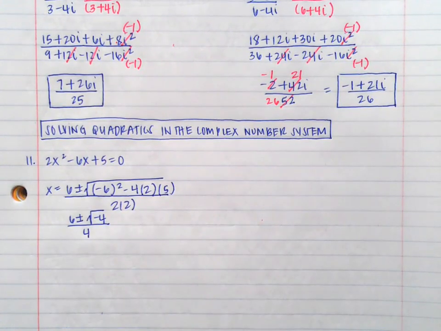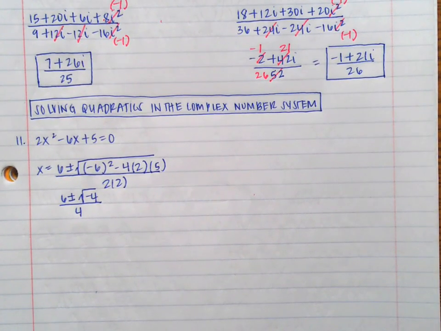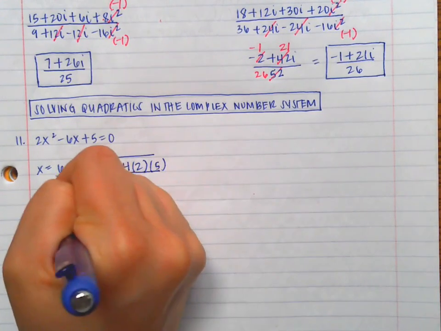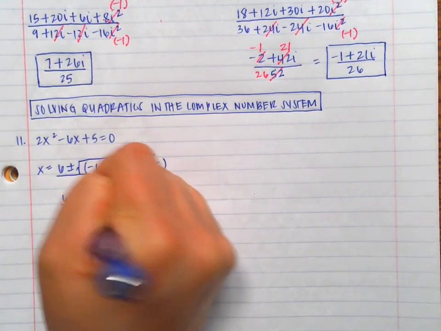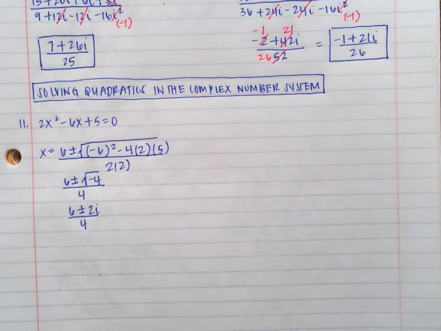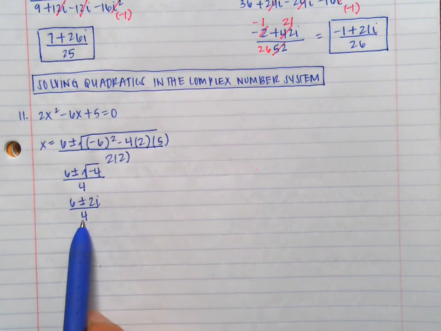Now, square root of negative 4. Before, at this point, we'd say there's no real solution. But now we know we can simplify it further. Well, we know what the square root of 4 is. It's 2. And we know what the square root of negative 1 is. It's i. So I can rewrite this as 6 plus or minus 2i over 4. Now, I think, can I simplify that further? Do I know a number that goes evenly into 6, 2, and 4?